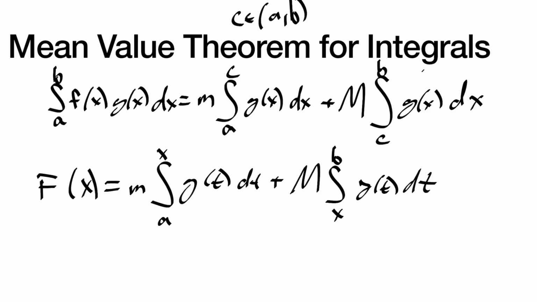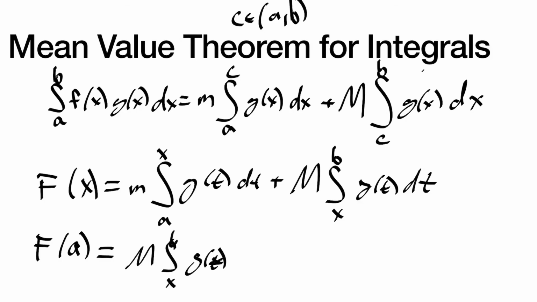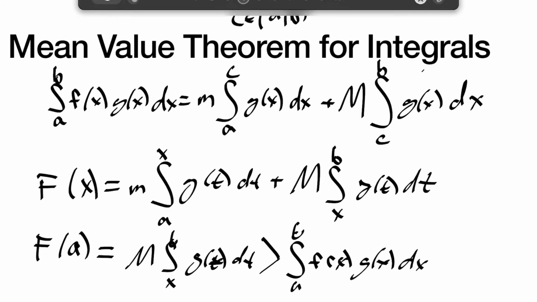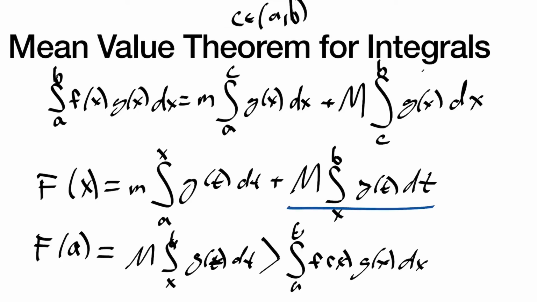And then what we see is that if we let x equal a, then capital F of a is just M times the integral from x to b of g of t dt, which is obviously bigger than the integral of f of x g of x dx.